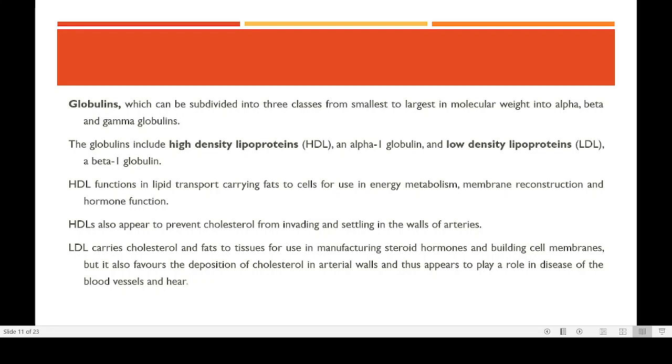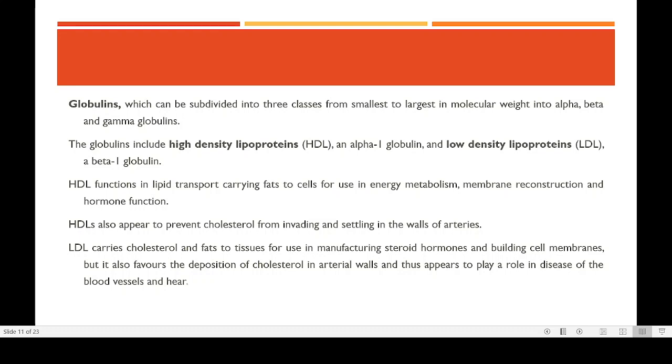Another problem is that it helps in the deposition of cholesterol in the arterial wall. That means if your body has a higher level of LDL, that will be responsible for depositing this excess fat on the inner wall of the blood vessel. That will create blocks in your heart, blocks in your major blood vessels. So LDL is always harmful.